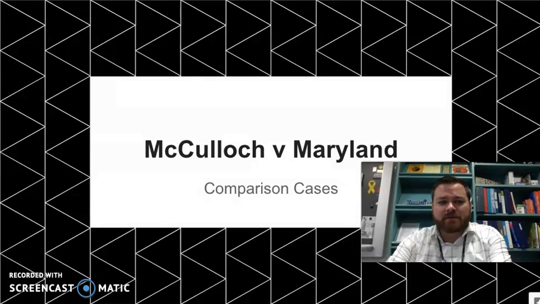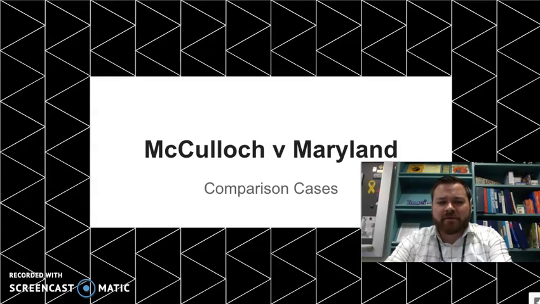So let's talk first about McCulloch versus Maryland. McCulloch versus Maryland is a very early Supreme Court case. It's, I believe, 1803 when the court case occurs, so it's very early in kind of testing the new limits of the Constitution.